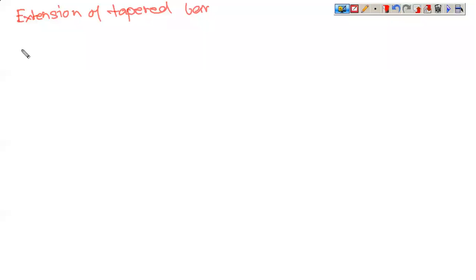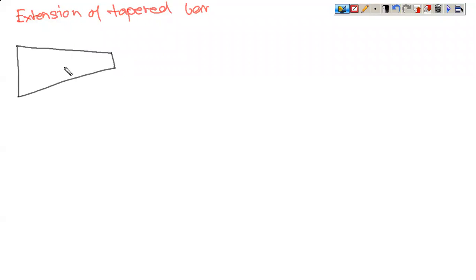Now, tapered bar means that you have a bar which has a continuously decreasing or increasing diameter over a fixed length. Let us say this is a bar. If it has the same cross-sectional area at every point, then you can apply delta L equals PL by AE and calculate whatever is required.